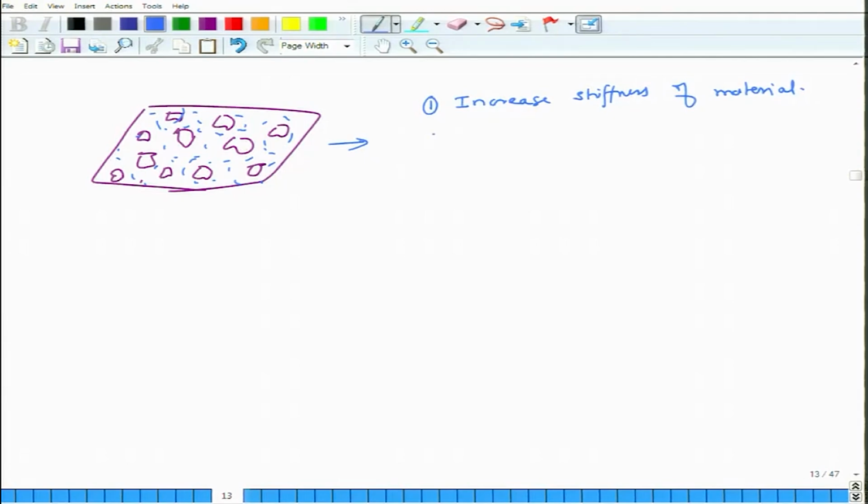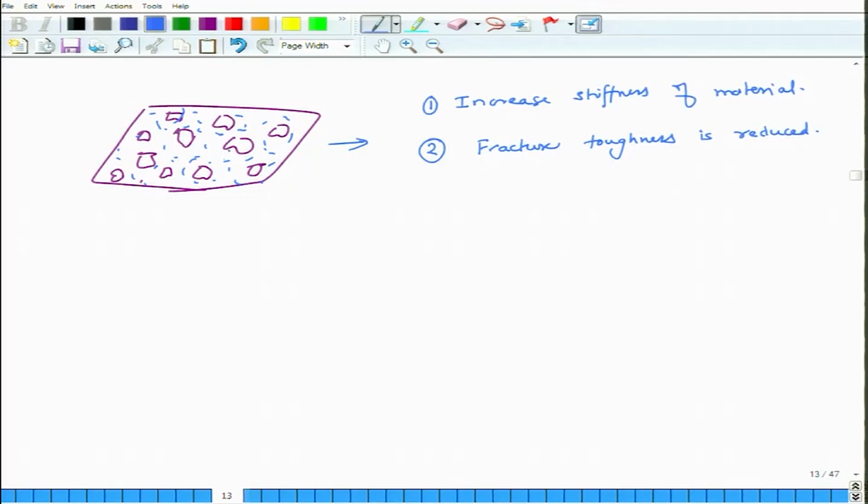The weak thing about, or the not so good thing about particulate composites is that their fracture toughness is reduced. They tend to fracture easily. Why?